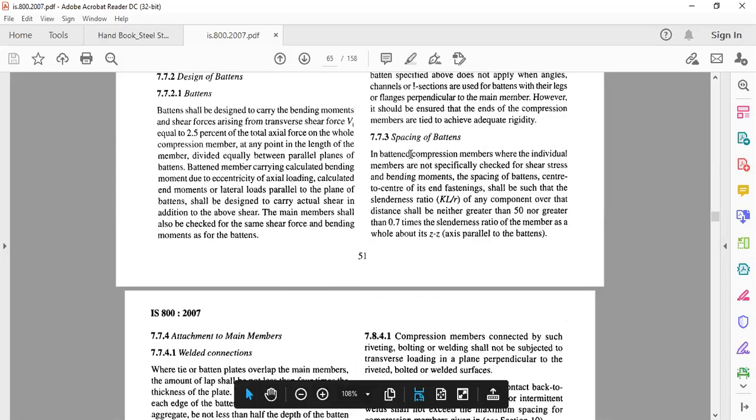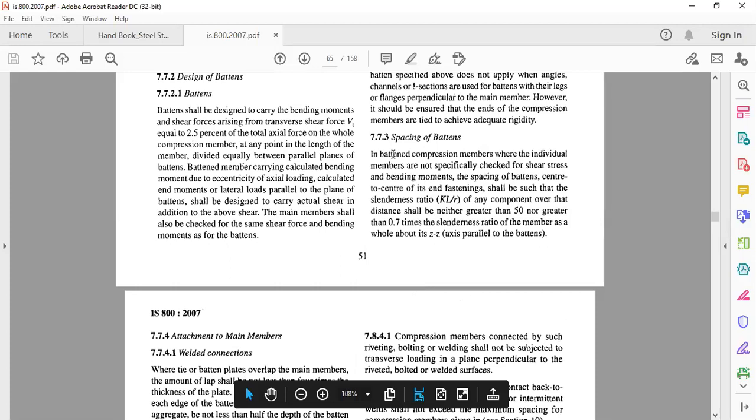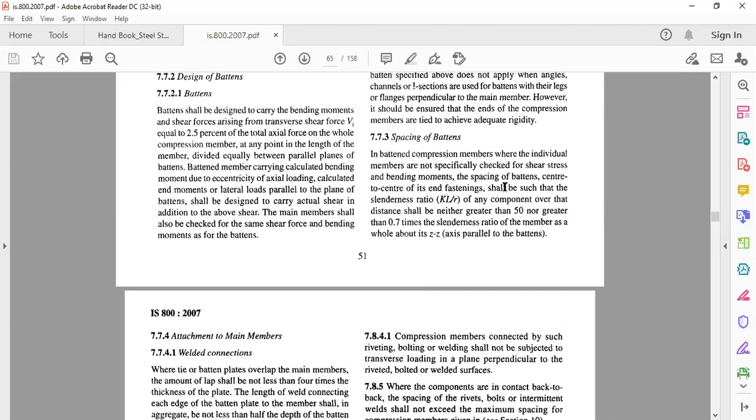Then the spacing of batten, which I said is C. Here they mentioned that the spacing of batten, center to center of its end fastenings, shall be such that the slenderness ratio of any component over the distance shall be neither greater than 50 nor greater than 0.7 times the slenderness ratio of the member.